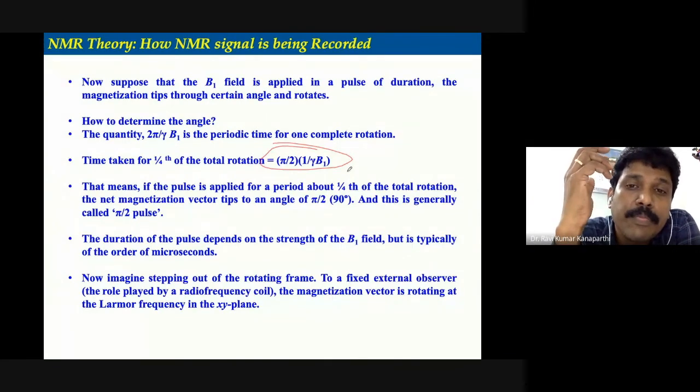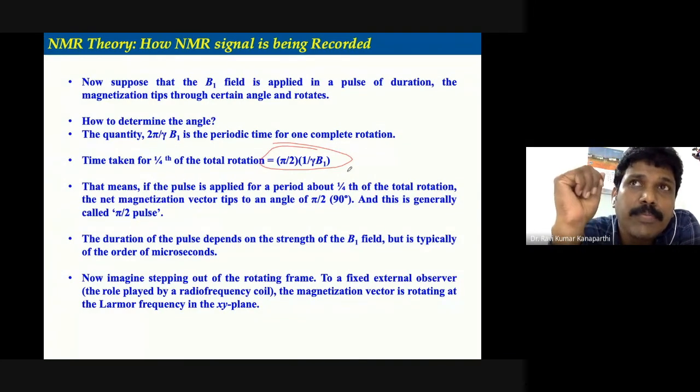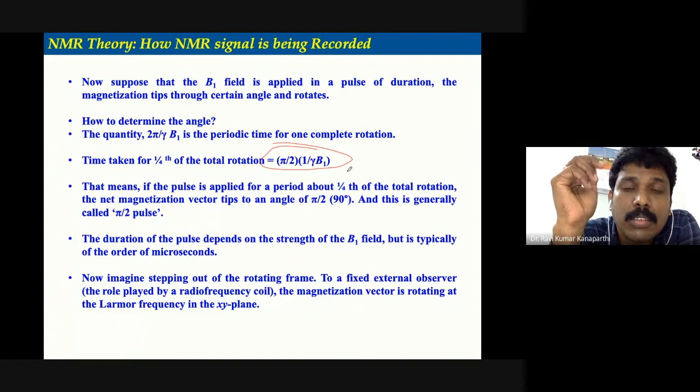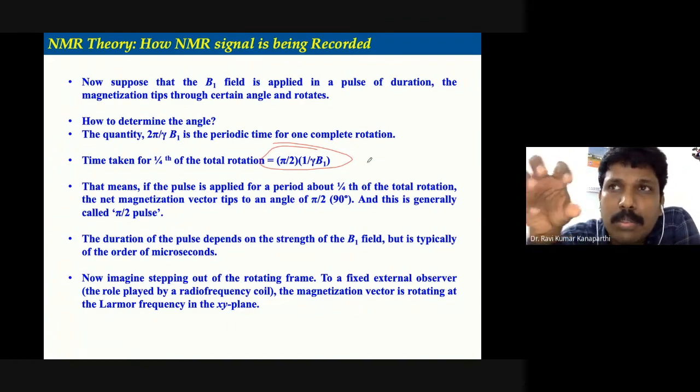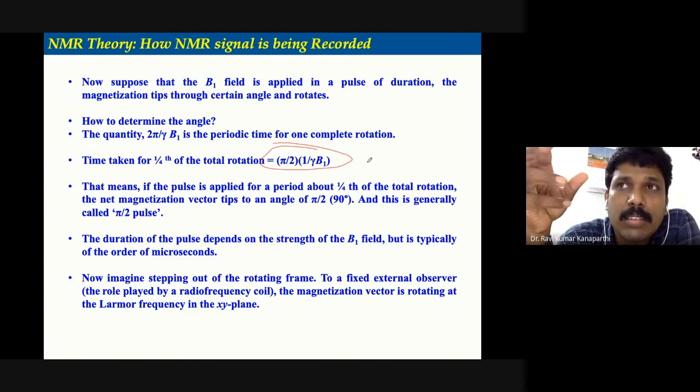That means the periodic time depends upon two factors, gamma and b0. Depending upon the nuclei you are considering and the applied frequency, the periodic time can change.